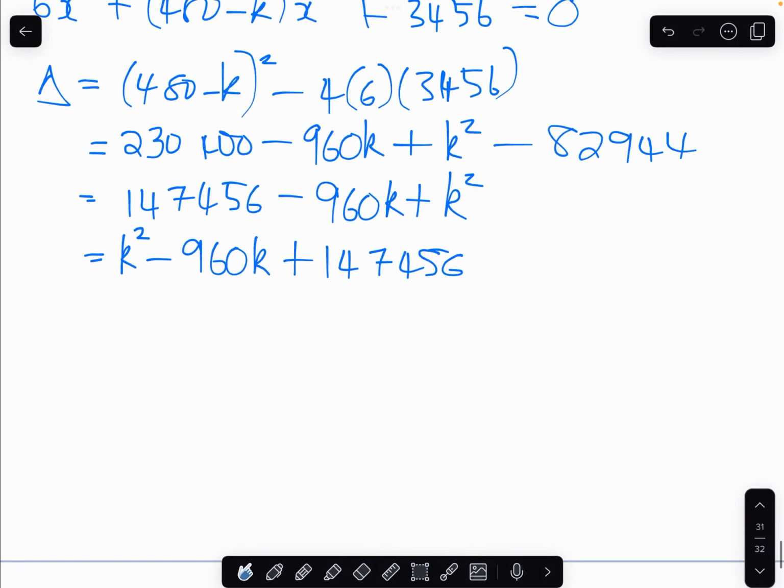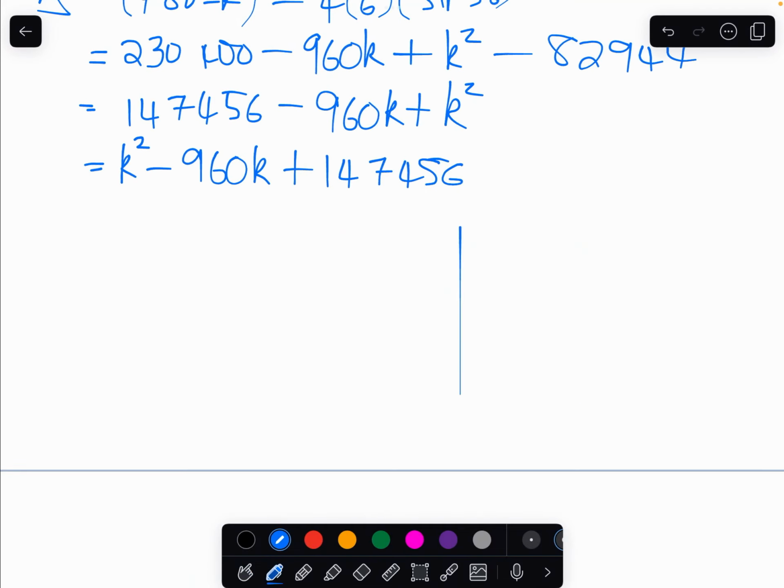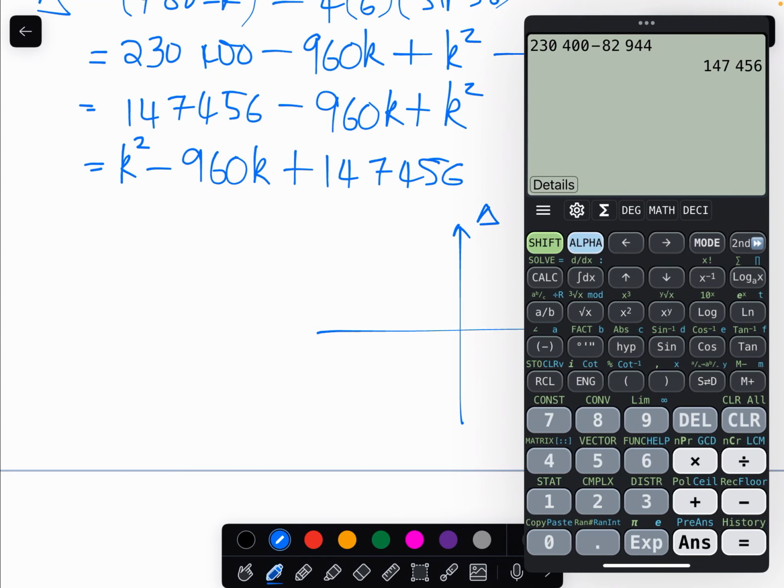So let's look at the relationship as a graph. It's going to be a parabola, right? If this is our k and this is our delta, we can figure out the k-intercepts using our quadratic formula.